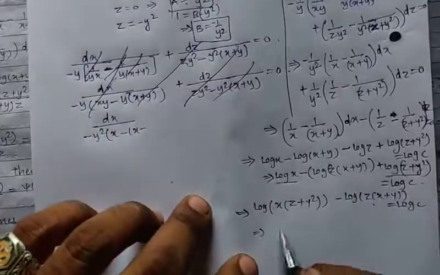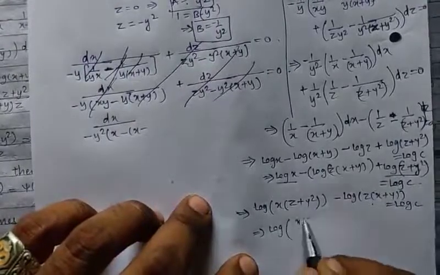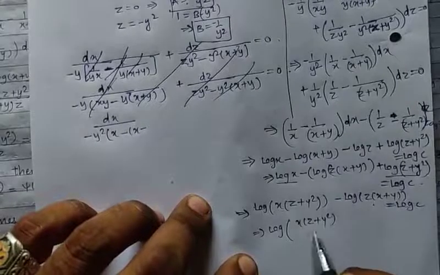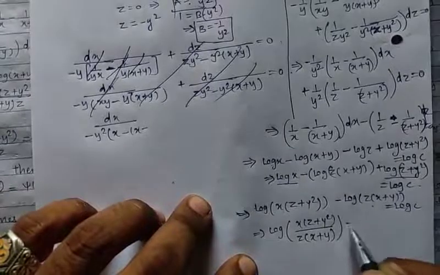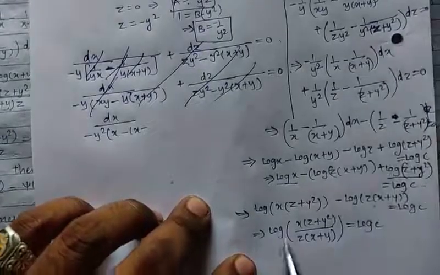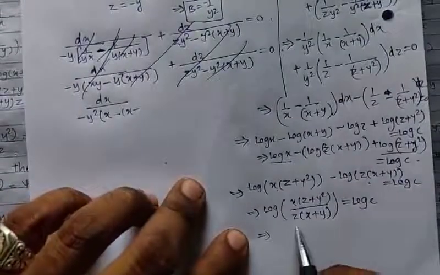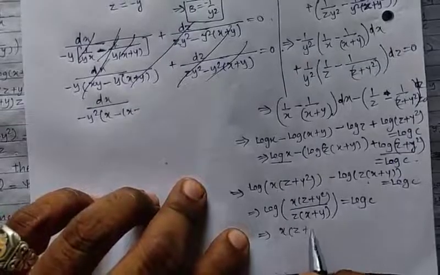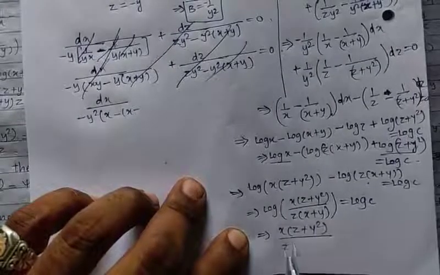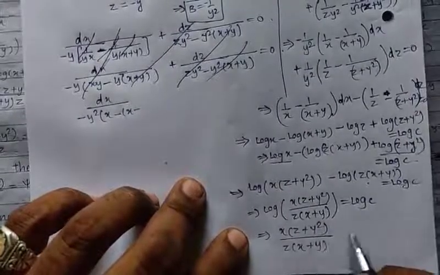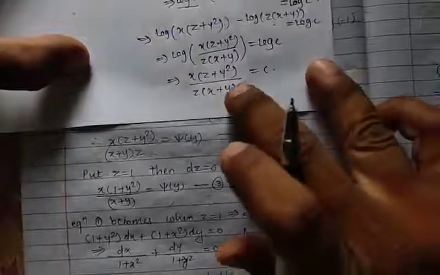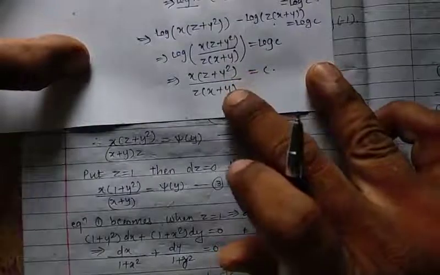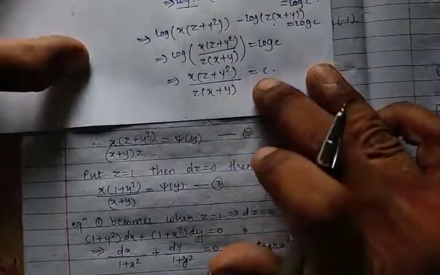So we get log of x(z + y²) upon z(x + y) equal to log c. Taking anti-log, we get the solution x(z + y²)/(z(x + y)) equal to c, a constant.